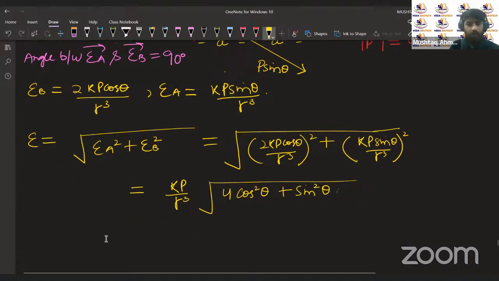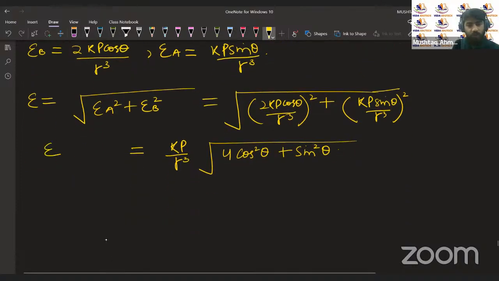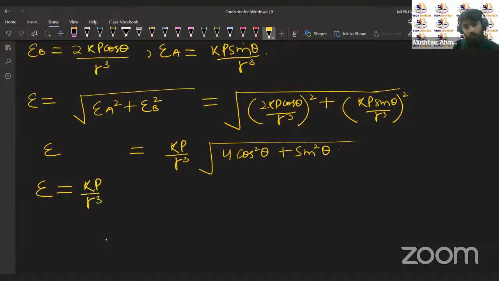So we can rewrite it as this, our magnitude of the resultant electric field at some general point P, Kp upon r cube. So we can rewrite it as 3 cos square theta plus cos square theta plus sin square theta, right?